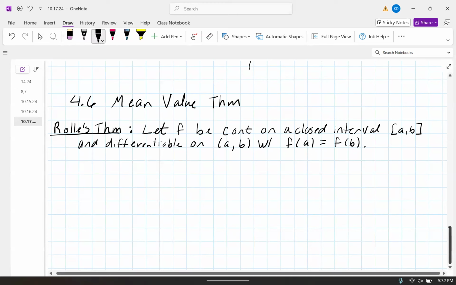Then there is at least one point c in our interval such that f prime at c equals 0.